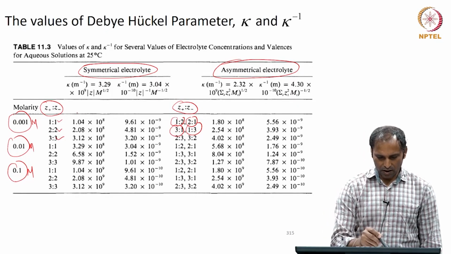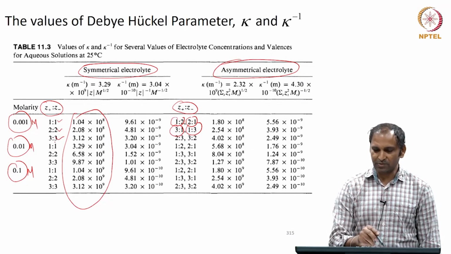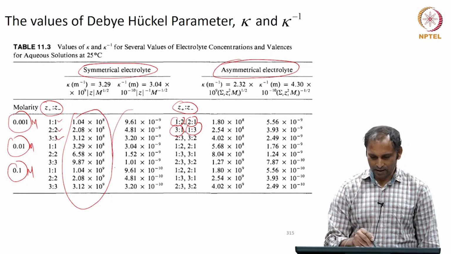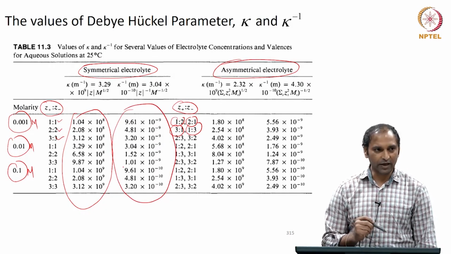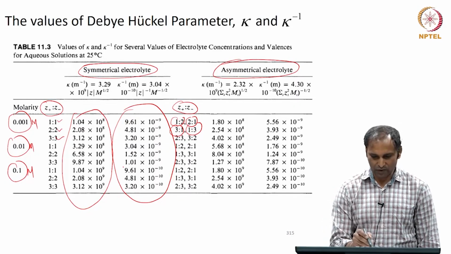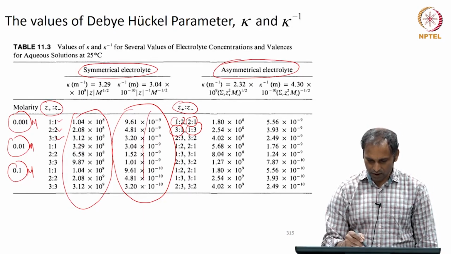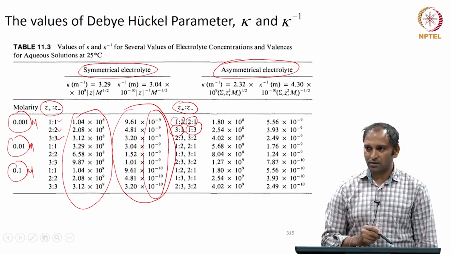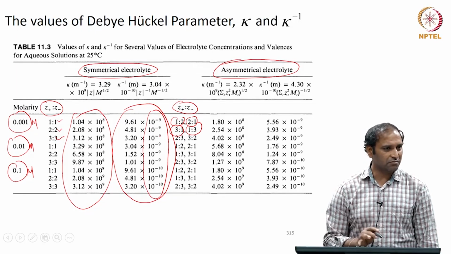And so these are kappa values, the Debye-Huckel parameter, and this is kappa inverse, the double layer thickness, which has units of meter. What is interesting to note is that all these numbers are of the order of nanometers.